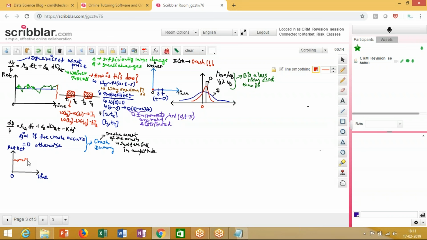It goes something like this, and suddenly you have a discrete fall, and then it begins off like this. So this is the fall by k units. Now over here I'm hard coding the k.